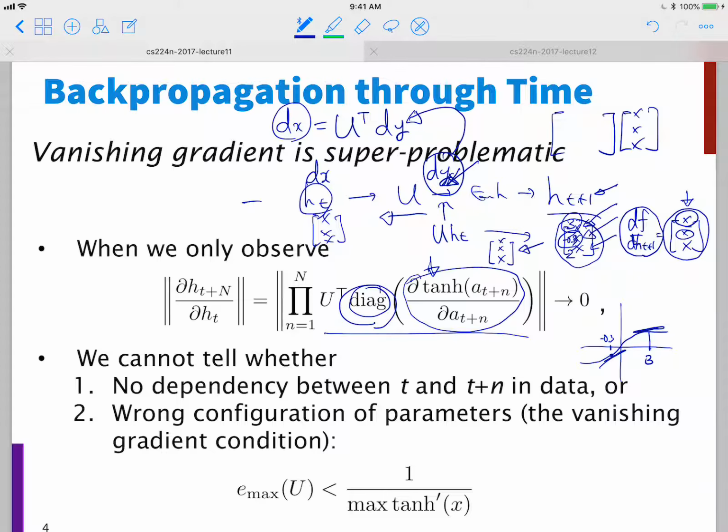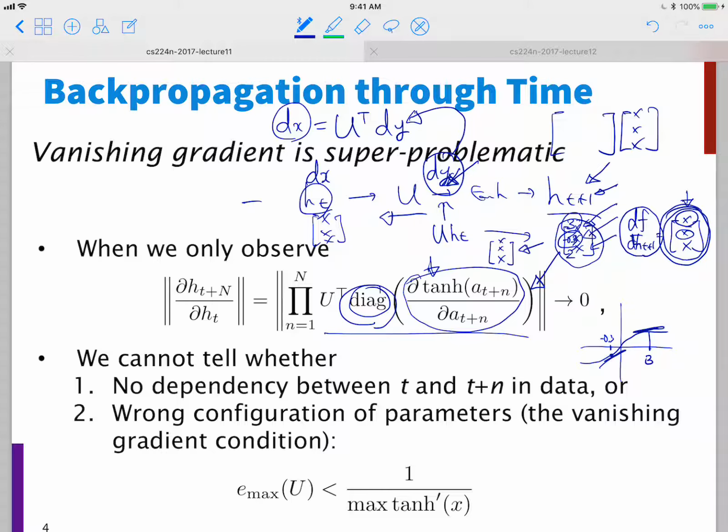The reason why we have a diag here is because we would multiply over here with this gradient vector at the ht plus 1, right? And then suppose this slope vector was 0.01 and maybe 0.2 and 2.1, for example.